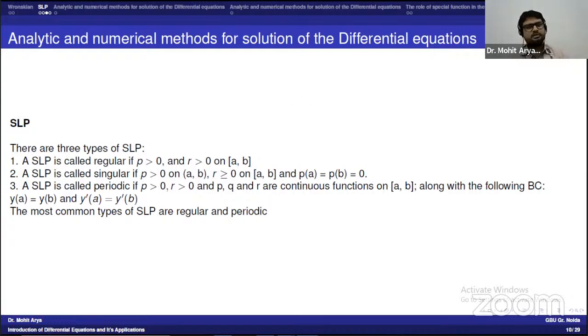Next, SLP is called periodic if p is positive, r is positive, and p, q, r are continuous functions on [a, b] along with the boundary conditions y(a) equals y(b) and y'(a) equals y'(b). The most common types of SLP are regular and periodic.